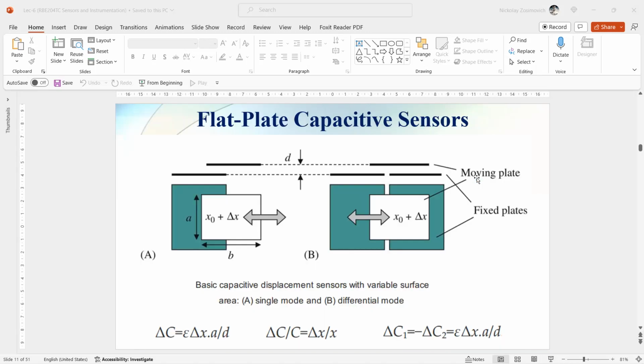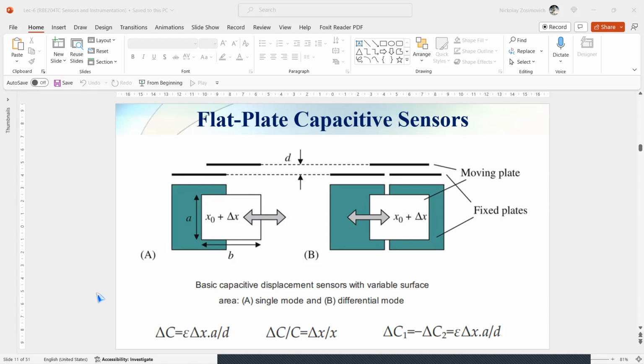This slide shows schematically two basic configurations for linear displacement. The moving object of which the displacement has to be measured is connected to the upper plate. In this example, the parameter A, the effective surface area, varies with displacement. In the left figure, a linear displacement of the upper plate is indicated.